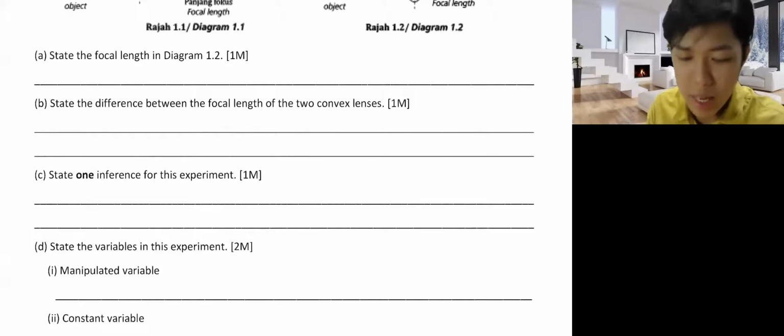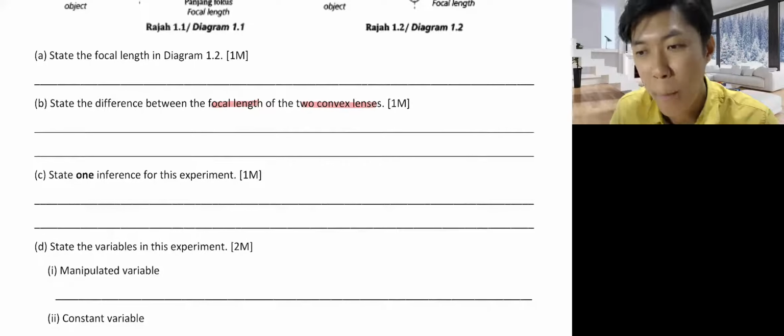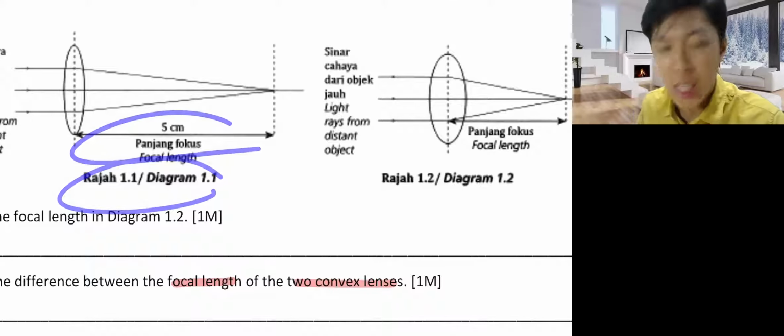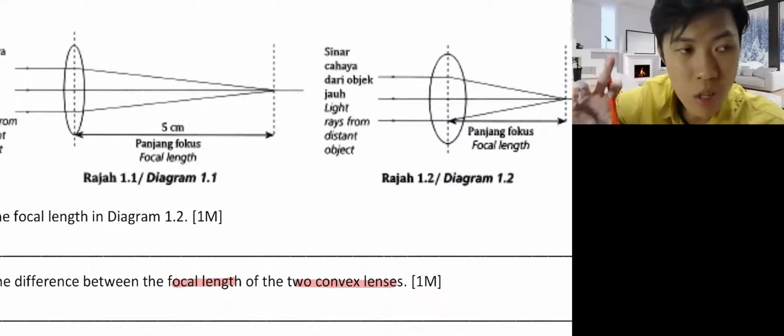Okay, part B. State the difference between the focal lengths of the two convex lenses. Can you compare? Very easy. You know this one is longer, this one is shorter. Can you do a sentence to compare?